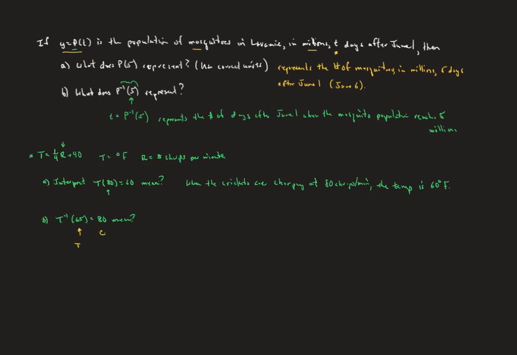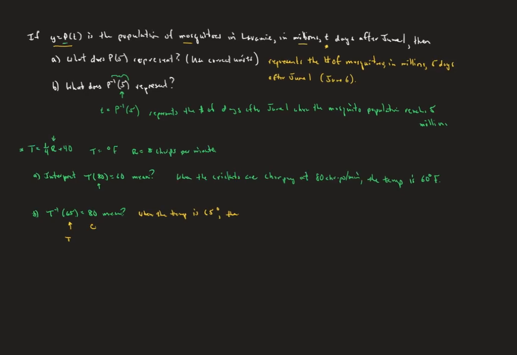So we are going to say now when the temperature is 65 degrees, that cricket is chirping at 80 chirps per minute.